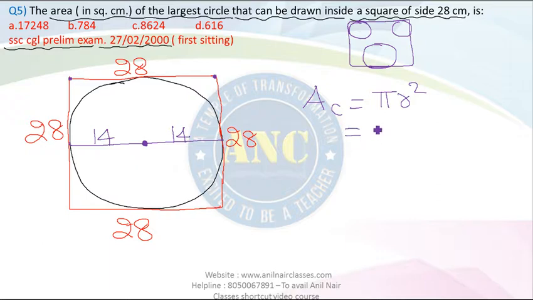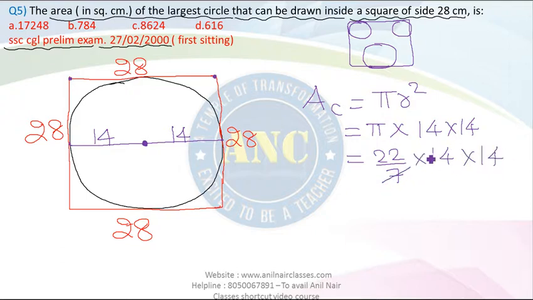This is nothing but pi into 14 square, that means 22 divided by 7 into 14 into 14. So this is 7 into 1, 7 into 2. So the answer for this question is 44 into 14. 44 into 14 should give you definitely the answer as 616.